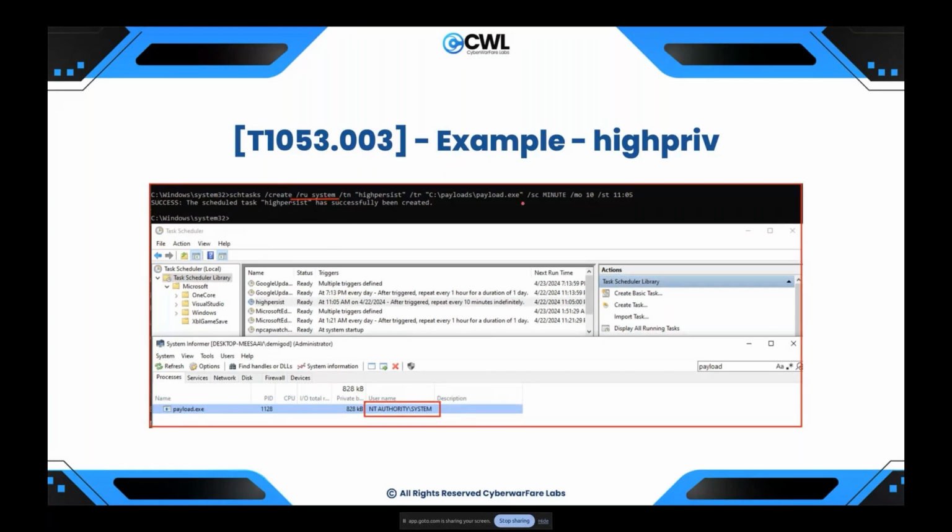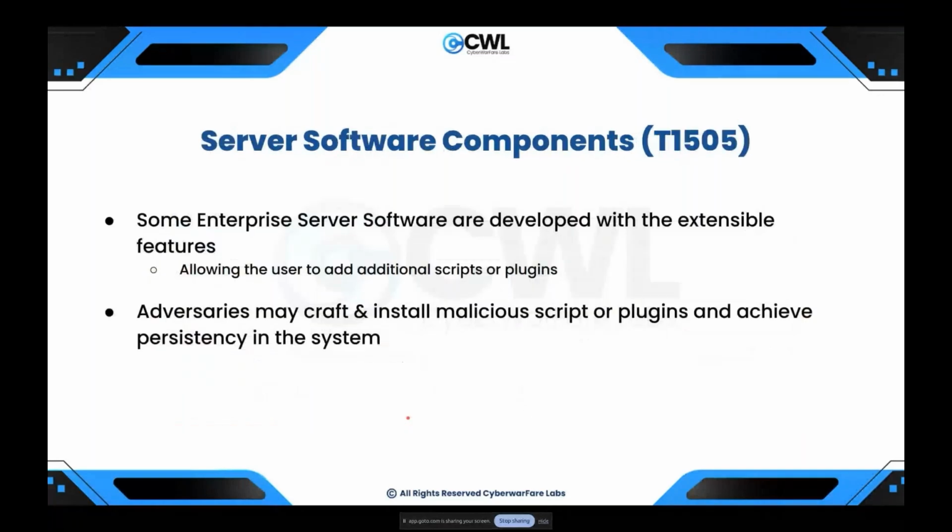So we are just setting that after 11:05 a.m. it executes this payload as the system user, and right after 11:05 this task will get triggered and the payload will be executed. And you can see NT AUTHORITY\SYSTEM is there, it's running as SYSTEM. So if they have high privilege, they can do such things as well.